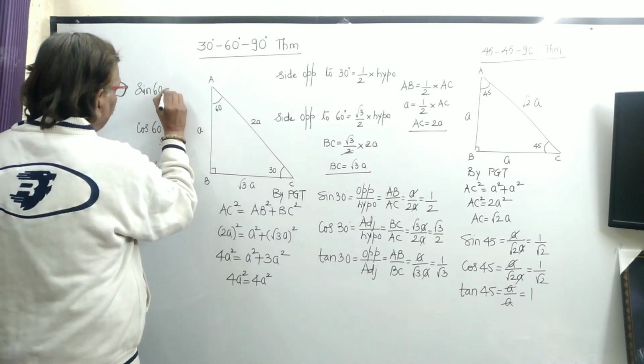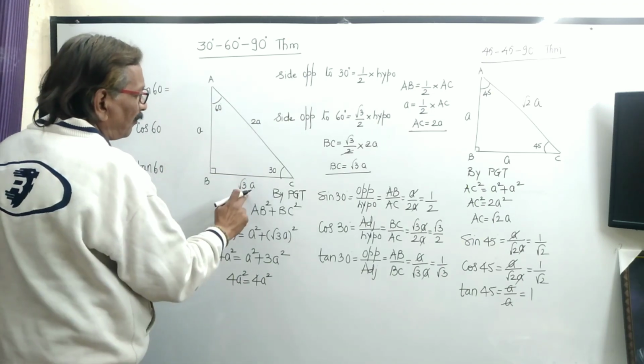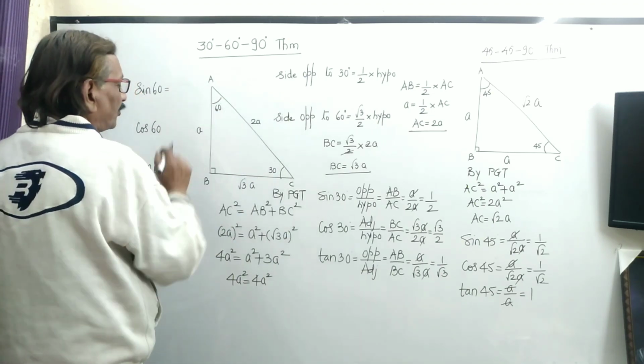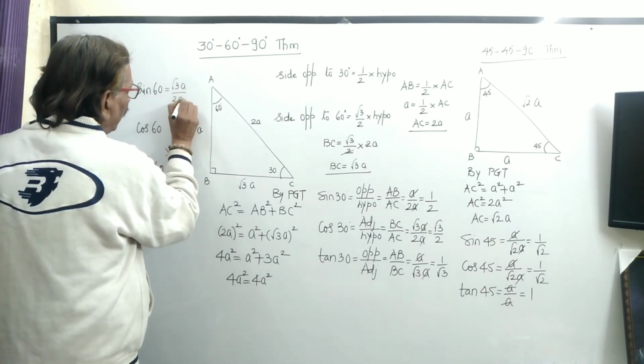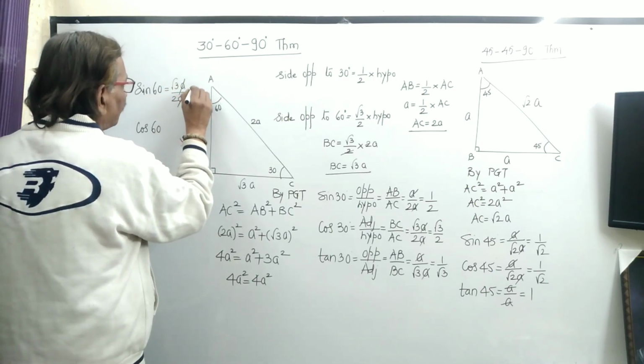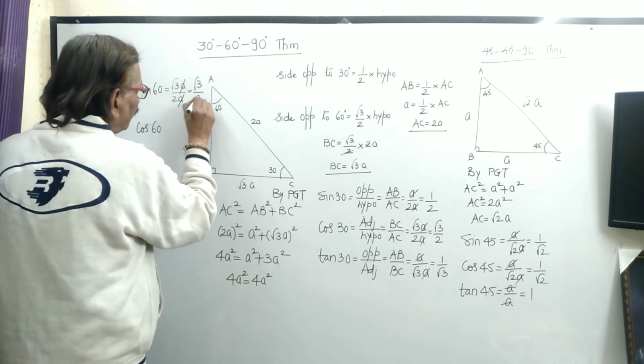See here, sin 60 is opposite upon hypotenuse. That means root 3a upon 2a. A cancels. Answer is root 3 upon 2.